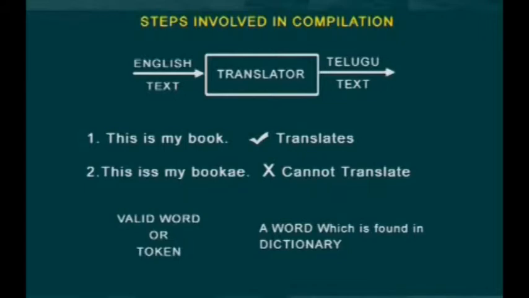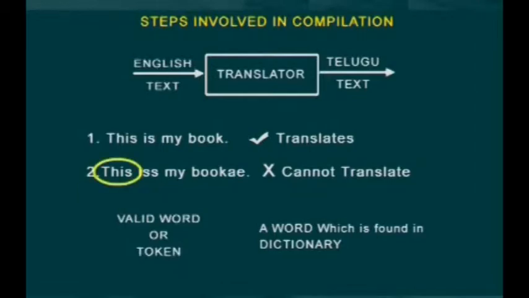Now I came to know that the translator is using a tool called a dictionary, without knowing the meaning, to determine whether it is a valid word or not. He takes each and every word, for example this, searches the dictionary, and comes up with an output whether the word is recognized or not.